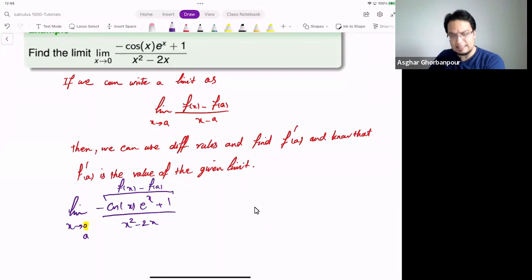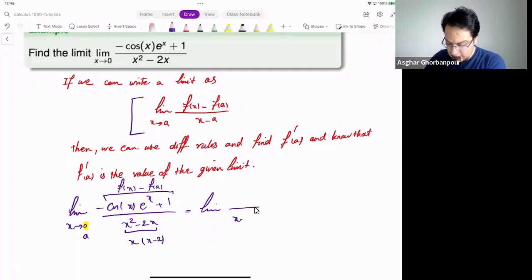But I see that it has x squared minus 2x. So it's not really a limit of this form. But the denominator is x times x minus 2, so I can separate x minus 2 and write it separately. Hopefully I will be able to evaluate that. In this case, it's not difficult.